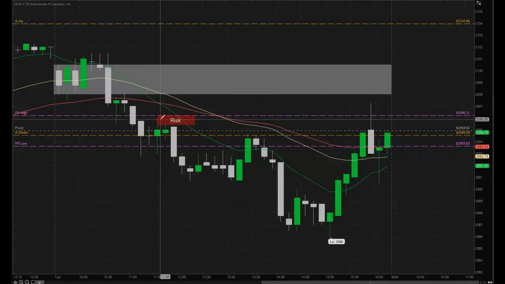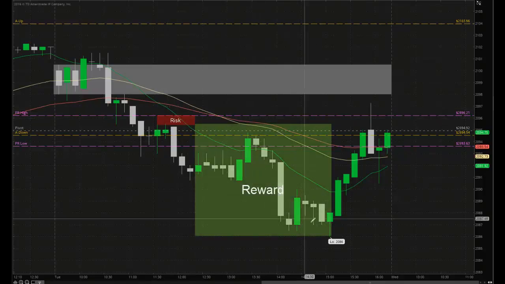Okay, but look at this. This is still a very small risk trade right here to get short, and if it gets above the pivot range, you're wrong and you're out, and it's a small loss. But it's got a huge reward.